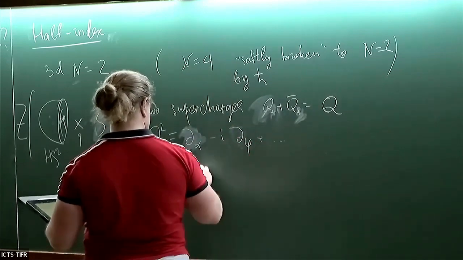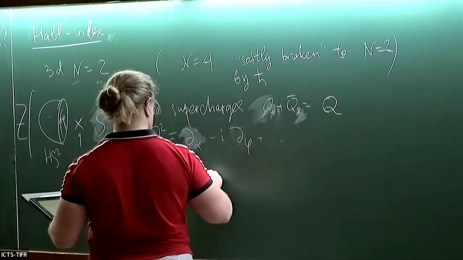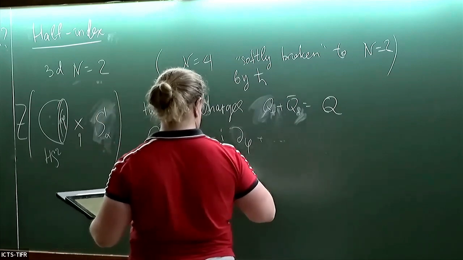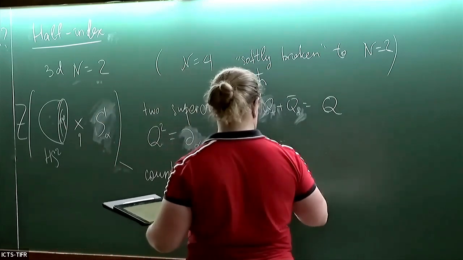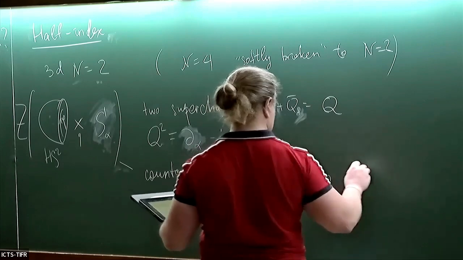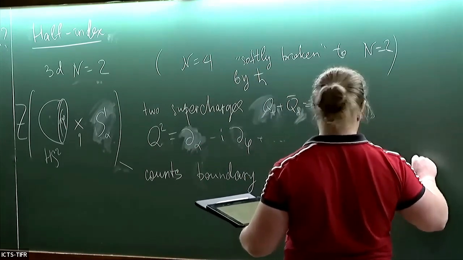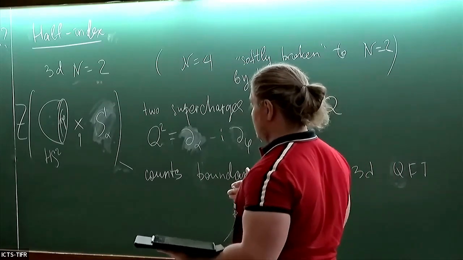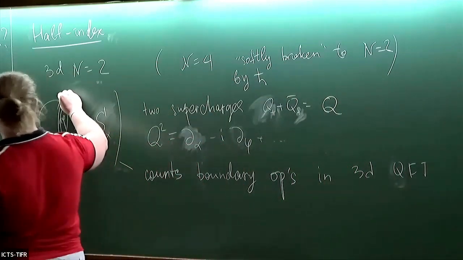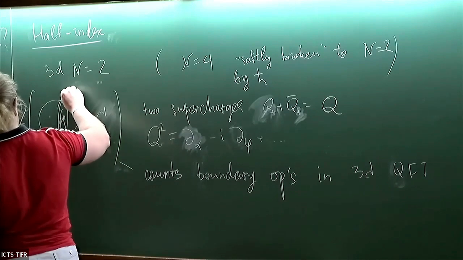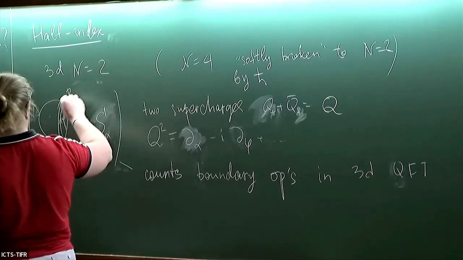It counts boundary operators in your 3D theory, in 3D QFT. So operators that can be inserted along some boundary condition. And here, by the way, I impose some boundary condition along the boundary.